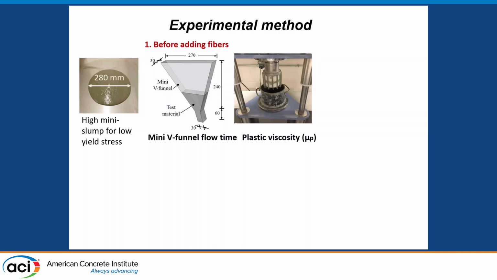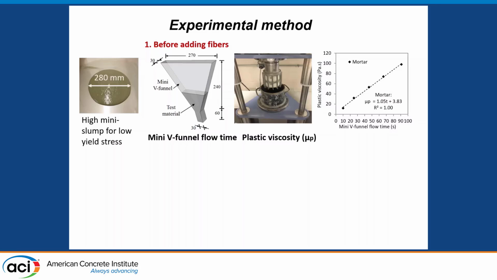One is the mini V-funnel, where we test the flow time of the mixtures. At the same time, we measured the actual plastic viscosity using a contact viscometer. From there, we established the relationship between the mini V-funnel flow time and the plastic viscosity, and we found a strong linear relationship between them.